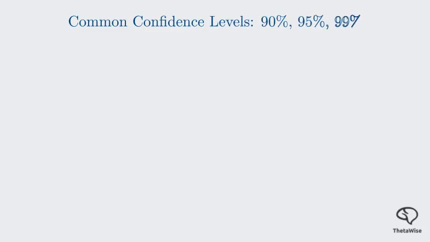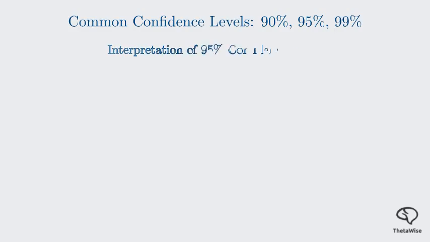The confidence level is a crucial concept. It's the probability that our confidence interval will contain the true population mean. Commonly used confidence levels are 90%, 95%, and 99%. Let's break down what a 95% confidence level really means. It does not mean there's a 95% chance the true mean is in this specific interval we just calculated.